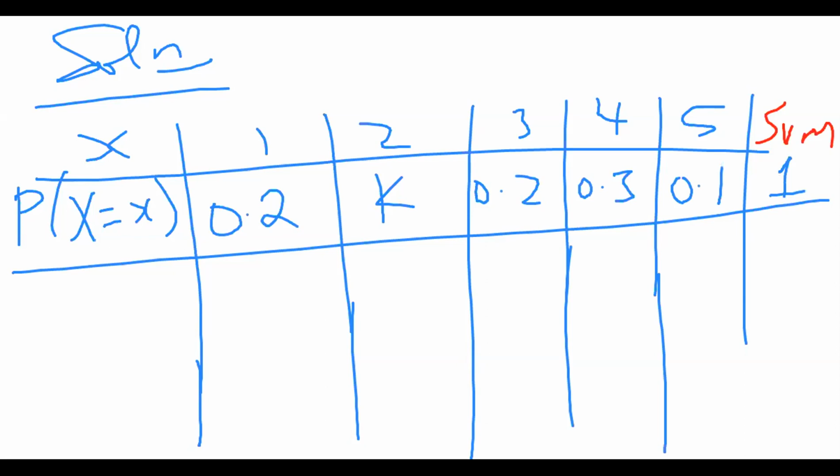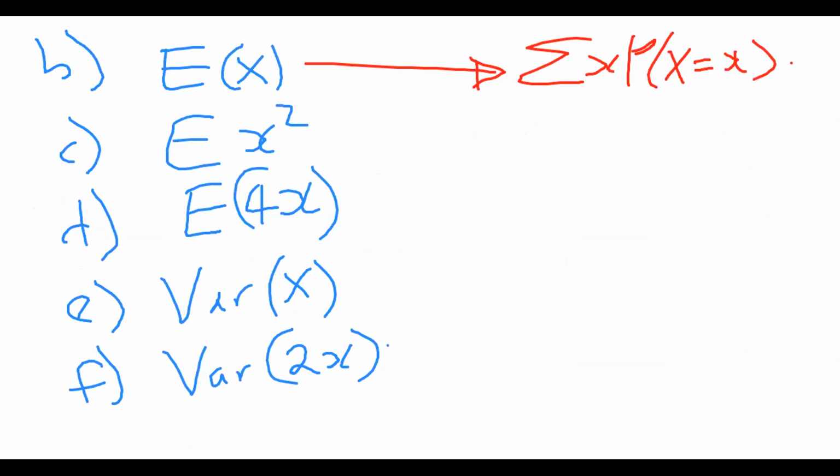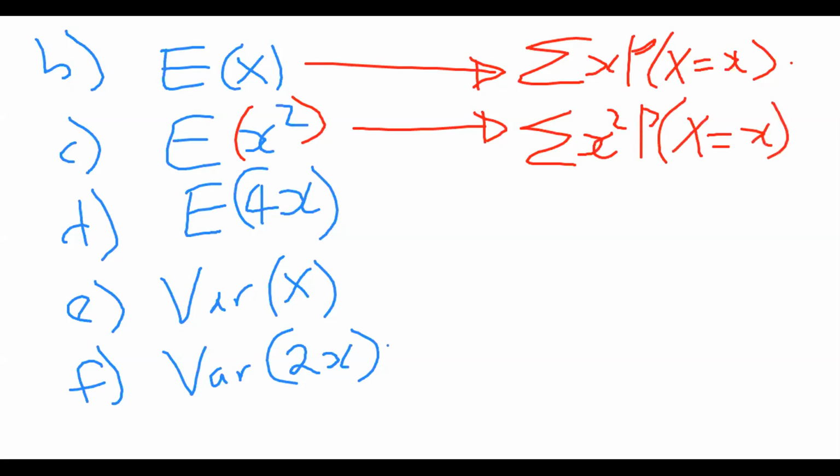Now, before you waste time doing everything, just know this as part of the solution: the expectation of x is given by the summation of x times the probability of x equals x. And the expectation of x squared is given by the summation of x squared times the probability of x equals x. This is what we need in the table. Then for the expectation of 4x, from the rules you have just seen, it is 4 times the expectation of x.